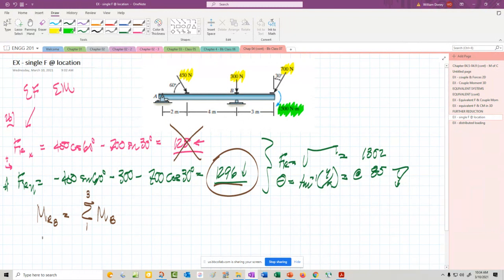There's a zero distance. So on this side, it'll be 1296 times x. That's the distance from B. And that has to equal the moments that are all set up by B.